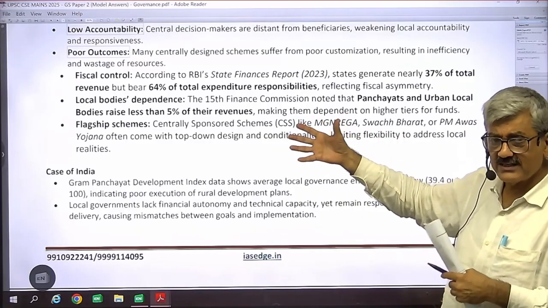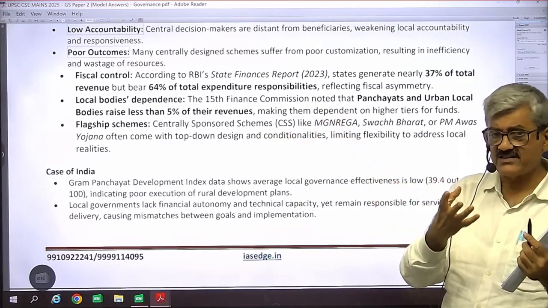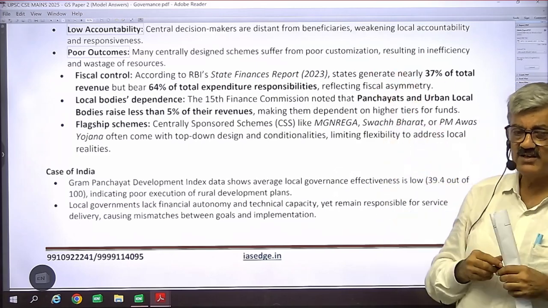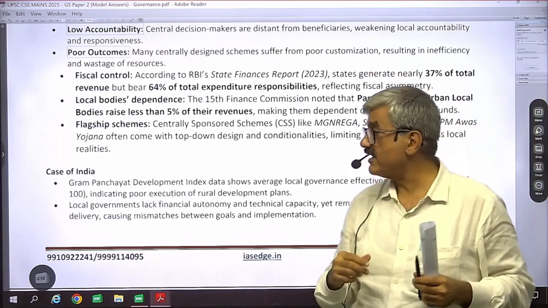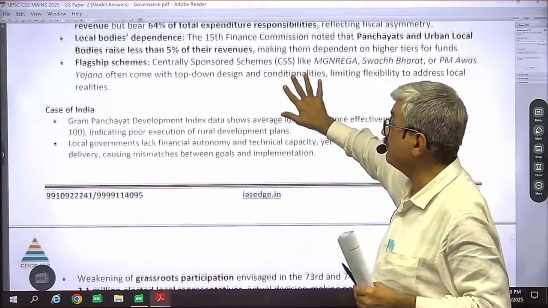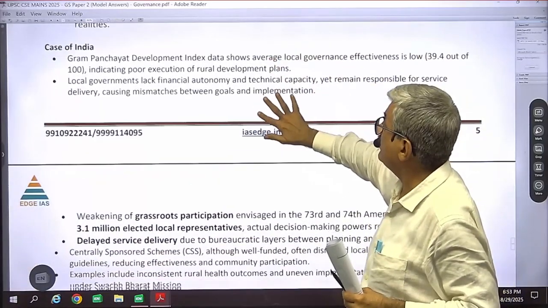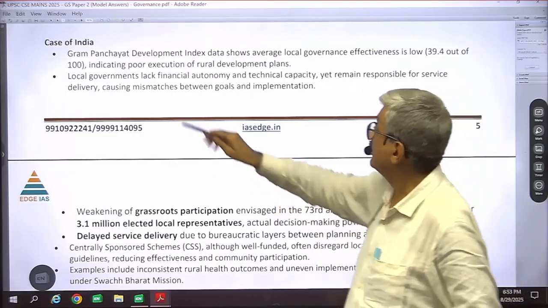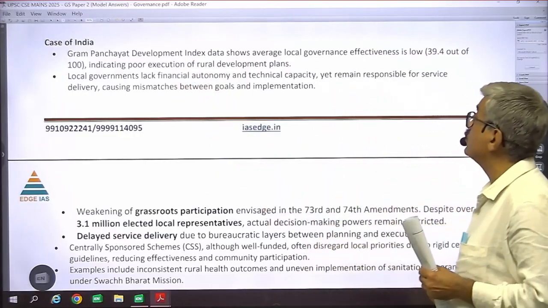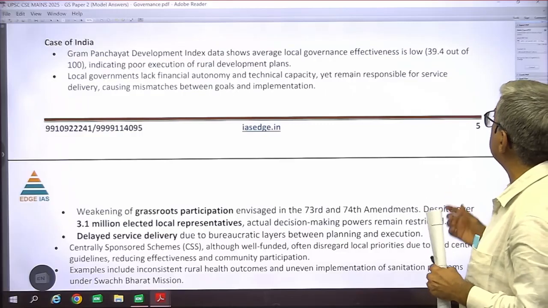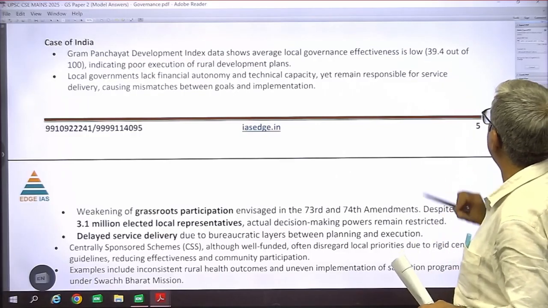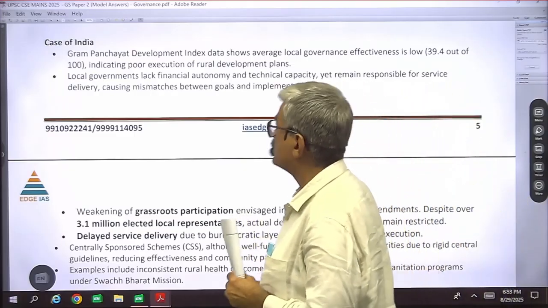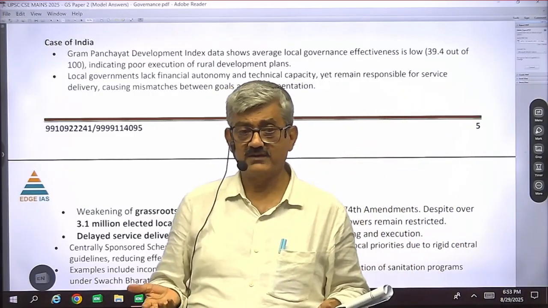We have used data here only to showcase that centralized efforts, making decisions at the top, are not helping us achieve the target that we intend to in our development program. Let's see what the problem is. Gram Panchayat Development Index data shows average local governance effectiveness is low, 39.4 out of 100, indicating poor execution of rural development programs.